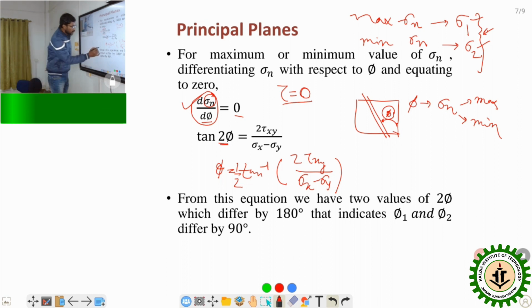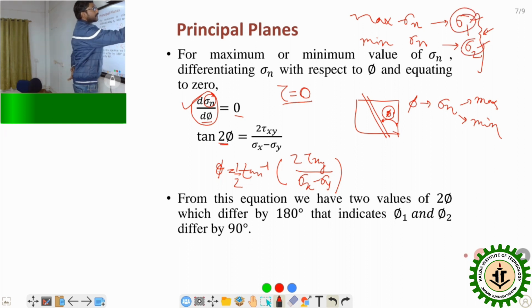So once we have the value of phi, we will be able to calculate the principal stresses sigma 1 and sigma 2. Because why we are getting two values of sigma n?